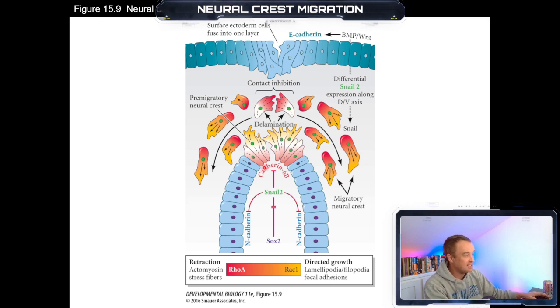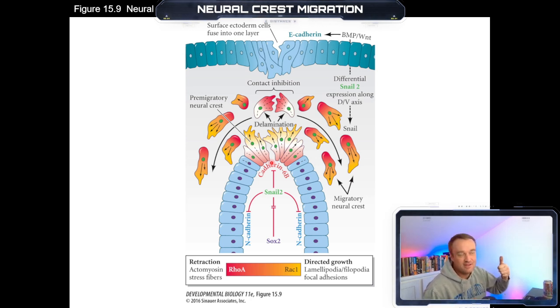So cadherin 6B activates RHOA and actomyosin contractile fibers. In essence, cadherin 6B increases RHOA in these actomyosin stress fibers and allows further for them to pull off of the neural tube.